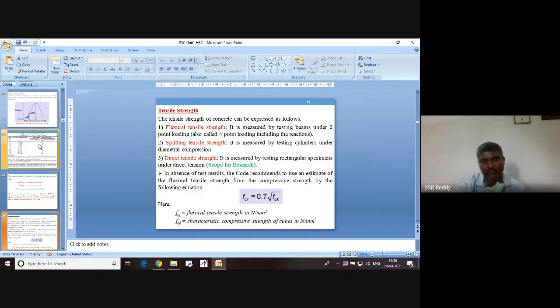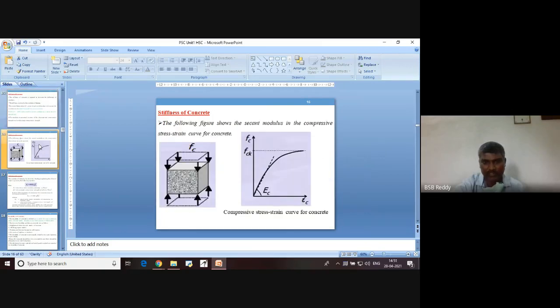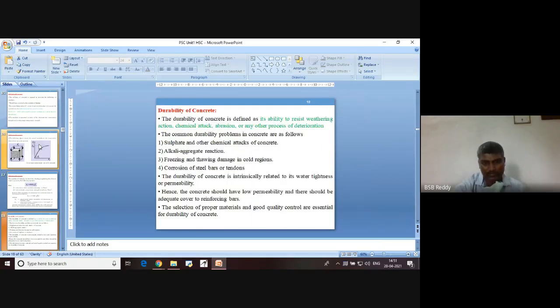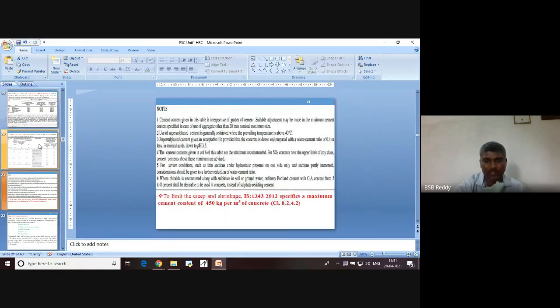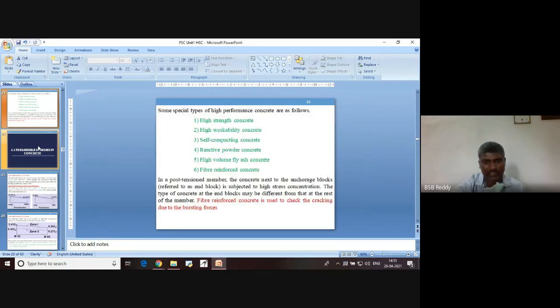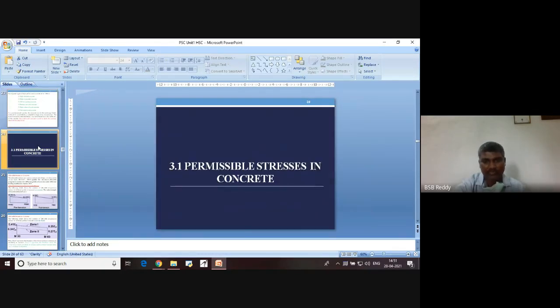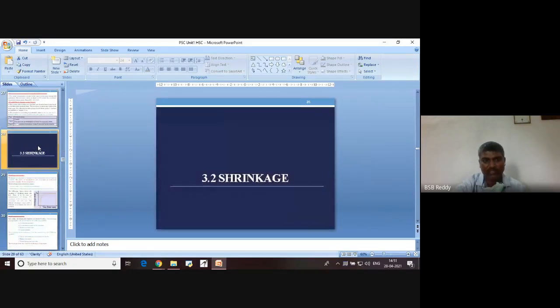Then stiffness of concrete was also discussed, then durability property, for which sulfate attack and all, and then high performance concrete, different types of high performance concretes also we have discussed, and then the permissible stresses in concrete were discussed in the last session.